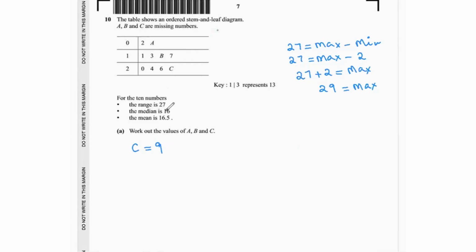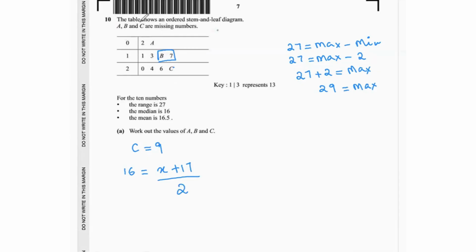Then the median is 16. So we have 1, 2, 3, 4, 5, 6, 7, 8, 9, 10 numbers. So the median is going to be the middle of the 5th and the 6th number. So median is 16, so 16 equals x plus 17 divided by 2.